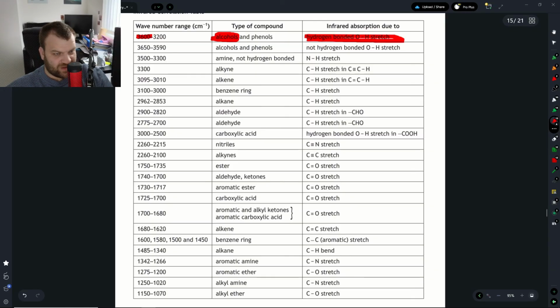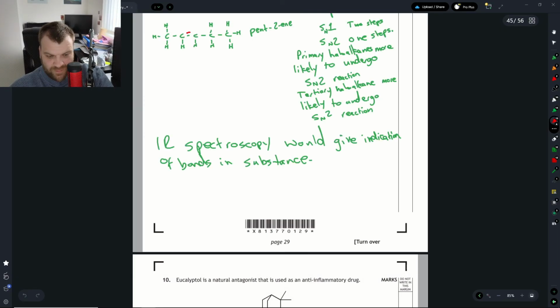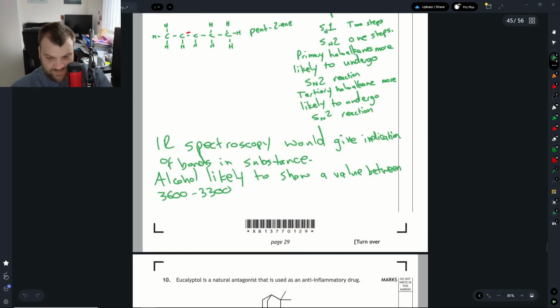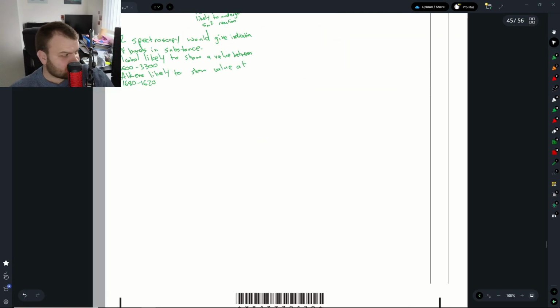So I'll go for the 3600 to 3200. Our alkene is likely to be down at 1680 to 1620.